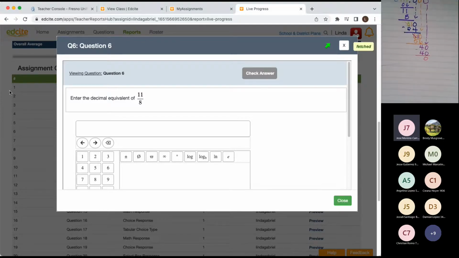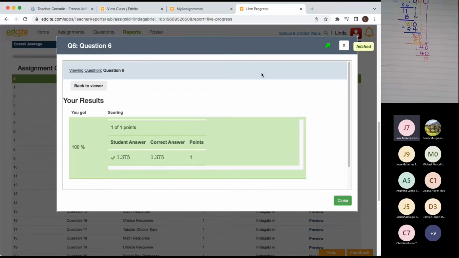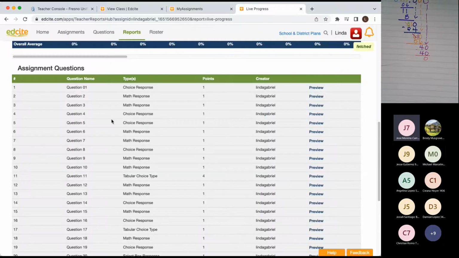Okay, so question 6, we got the answer was 1.375, right? Check answer. There we go. Yay, we got it correct. Teachers make mistakes too sometimes, so gotta check us every now and then. All right, question number 6.